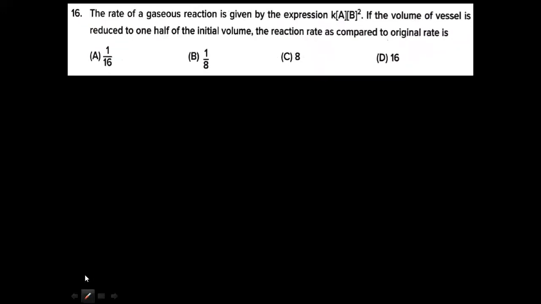Then 16. The rate of a gaseous reaction is given by the expression K, concentration of A and B to the power 2. If the volume of the vessel is reduced to 1/2 of the initial volume, the reaction rate as compared to original rate is. So the rate equation is rate equal to K, A to the power 1 and B to the power 2.